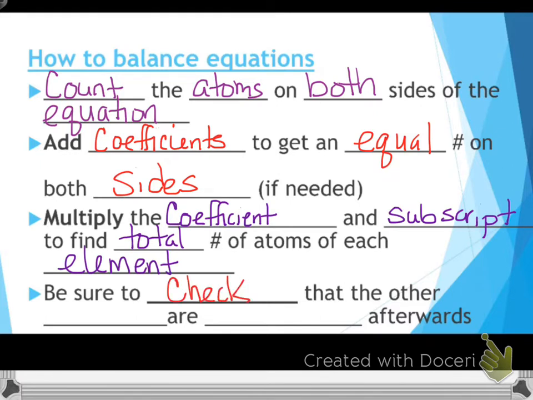And you need to be sure to check that the other elements are balanced afterwards. What that means is what I just explained. Once you balance the right-hand side, if you added a coefficient and multiplied a subscript, you might have changed a factor, and then you might have to go back over to the other side and change the coefficient again to make it balance back out.